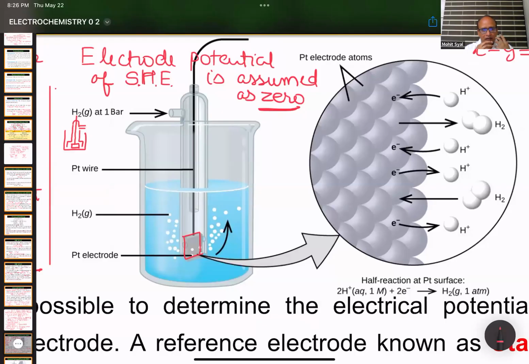It is not itself getting oxidized. Platinum is an inert metal just like gold. It is just providing a surface for the exchange of electrons. It is coated with platinum black or powdered platinum, which acts as a catalyst.